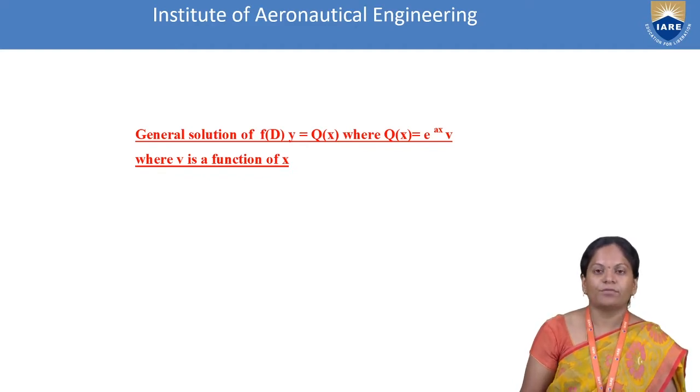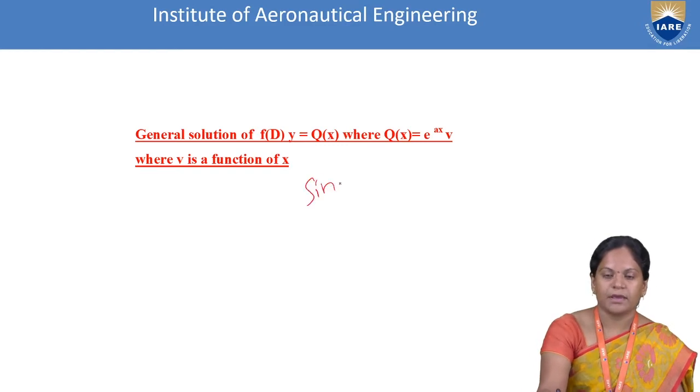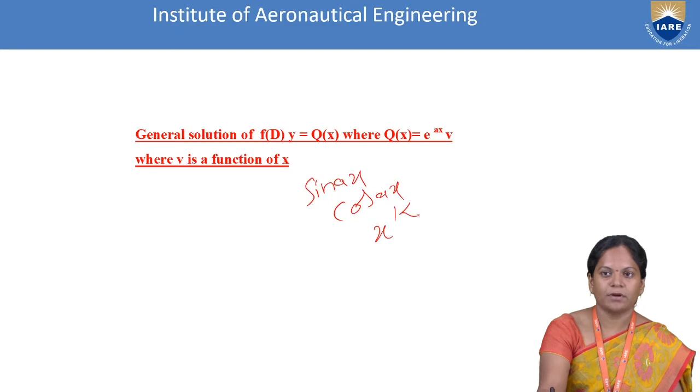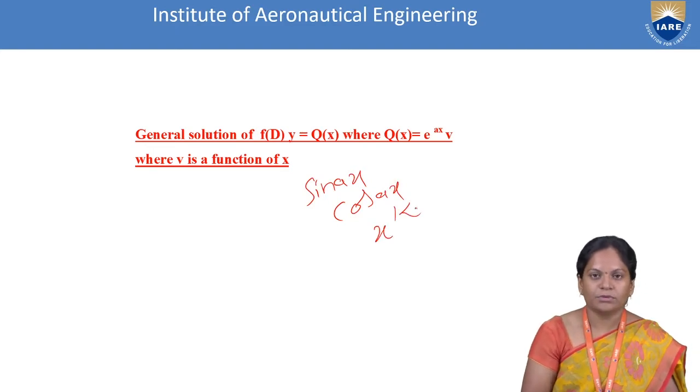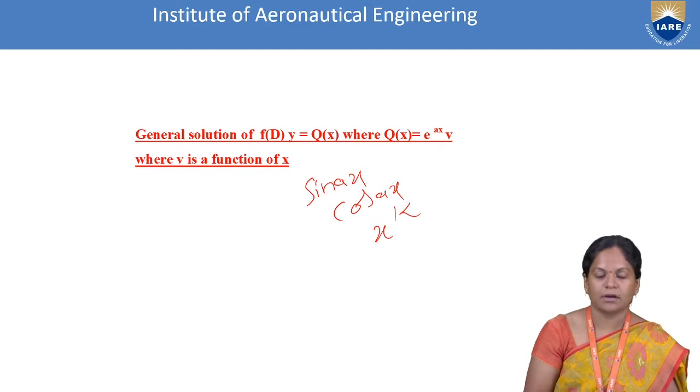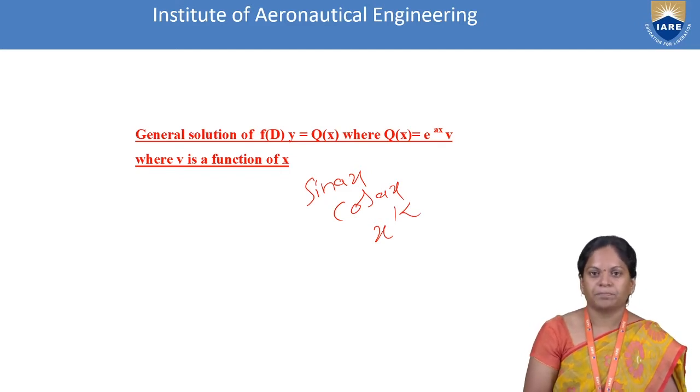What is V? In this chapter V is nothing but sin ax, cos ax, or x power k. Only these three cases.